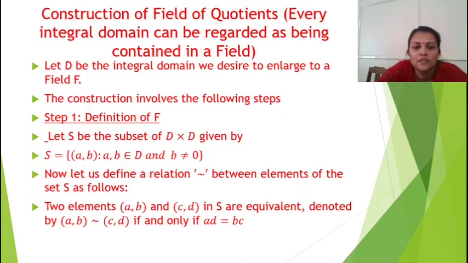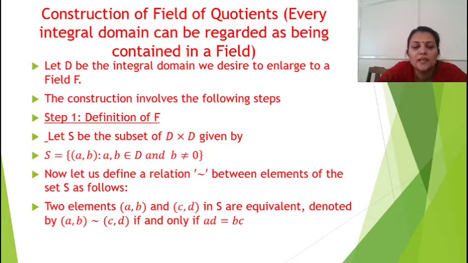Let S be the subset of D cross D, given by S equal to the set of coordinate pairs (a, b), where a, b are elements of D and b is not equal to 0. Now we define a relation between elements of the set S as follows.